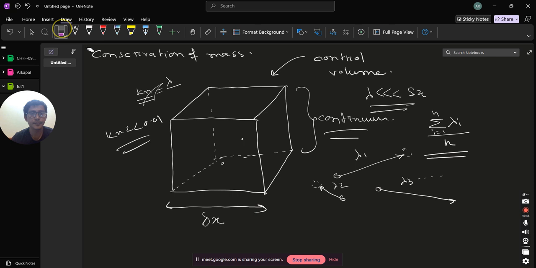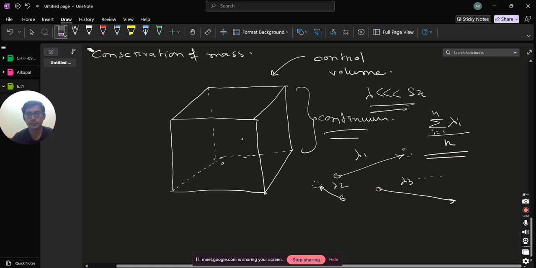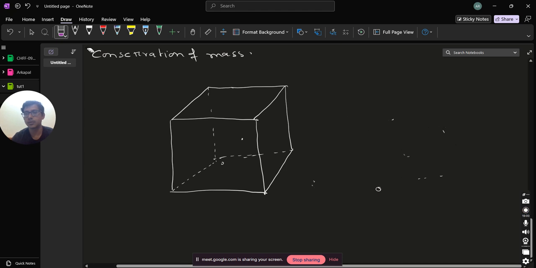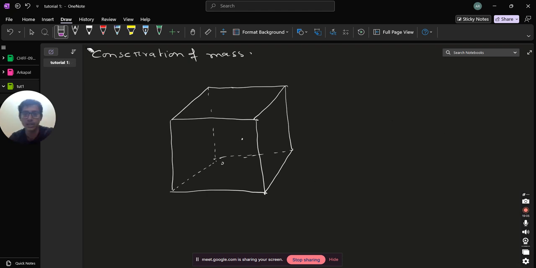Okay, so let's now dive into the derivation part. We assume that this whole box is filled up with a continuous fluid, and this is just part of a large fluid body. For example, you have a pipe flow or a channel flow, that is fluid flow passing between two parallel plates infinitely long.